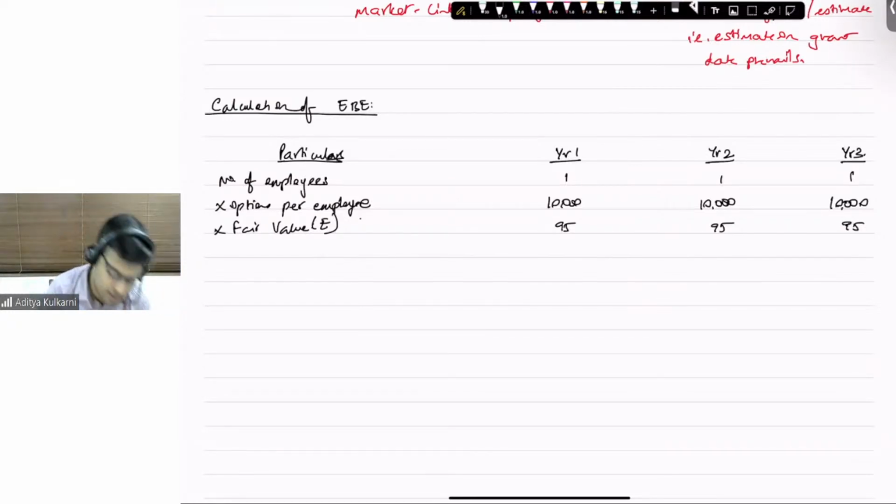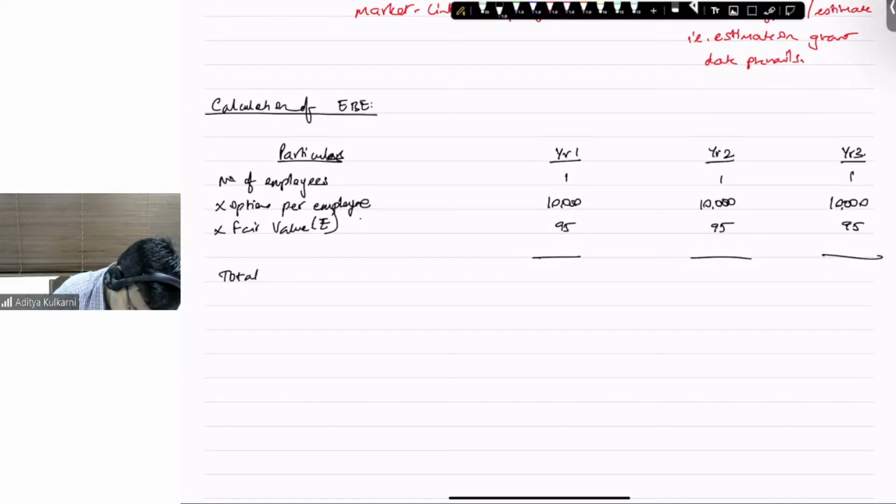Okay. So this is what is there. Now at the end of each vesting period, you will ultimately see whether the option vests or not, and then proceed to calculate the EBE. So this gives you total EBE, into pro rata.